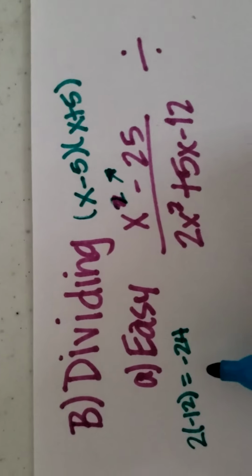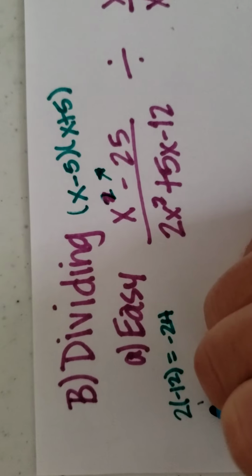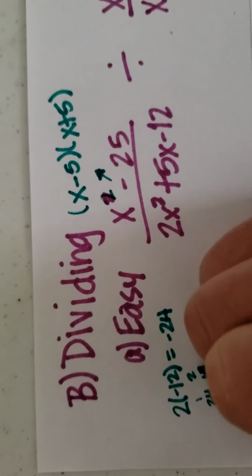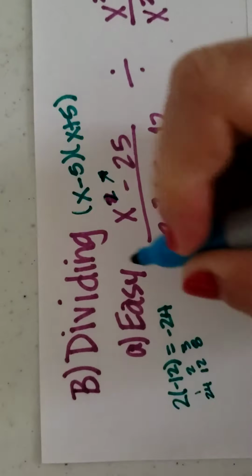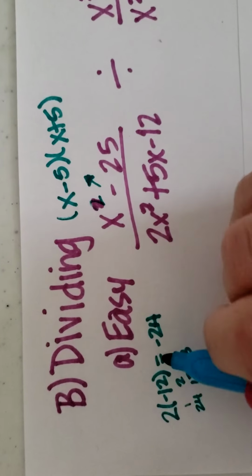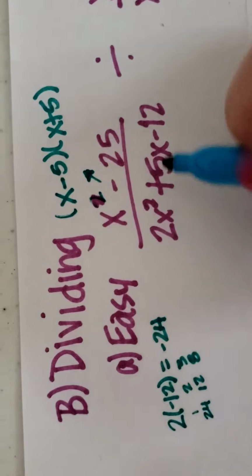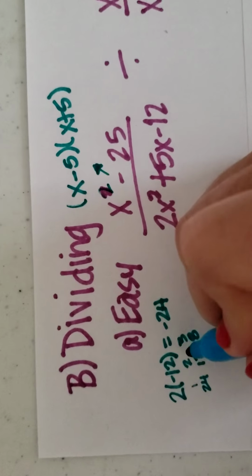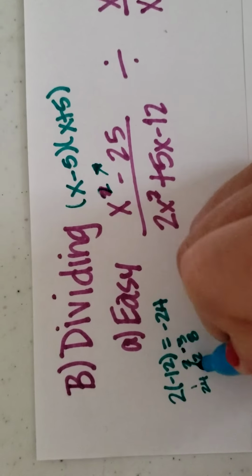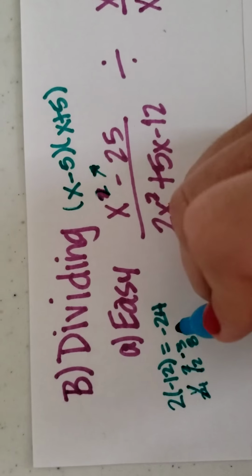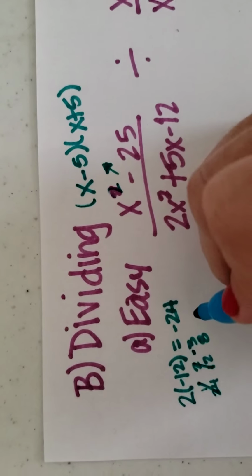Now, because it's negative, we know they're opposite signs. So there's 1 and 24, 2 and 12, 3 and 8. And ding, ding, ding, I know 3 and 8 will give me a difference of positive 5. Now, for it to be a positive 5, that means that the 3 must be the negative. So 2 and 12, 1 and 24 don't work, but negative 3 and positive 8 do.